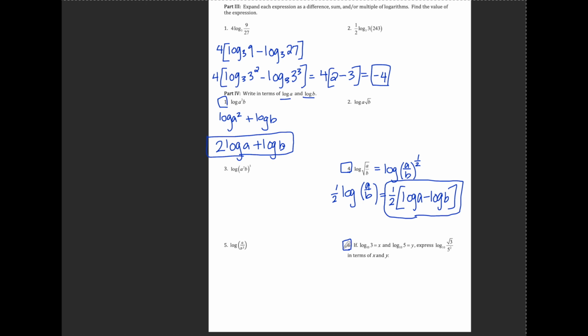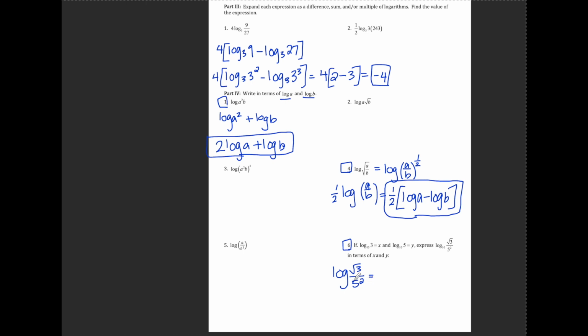In number 6, if log base 10 of 3 equals x and log base 10 of 5 equals y, express log base 10 of rad 3 over 5 squared in terms of x and y. So I'm first going to have to start with this expression and just start expanding it out. So if I have log of rad 3 over 5 squared, I'm first going to split this division up into subtraction.